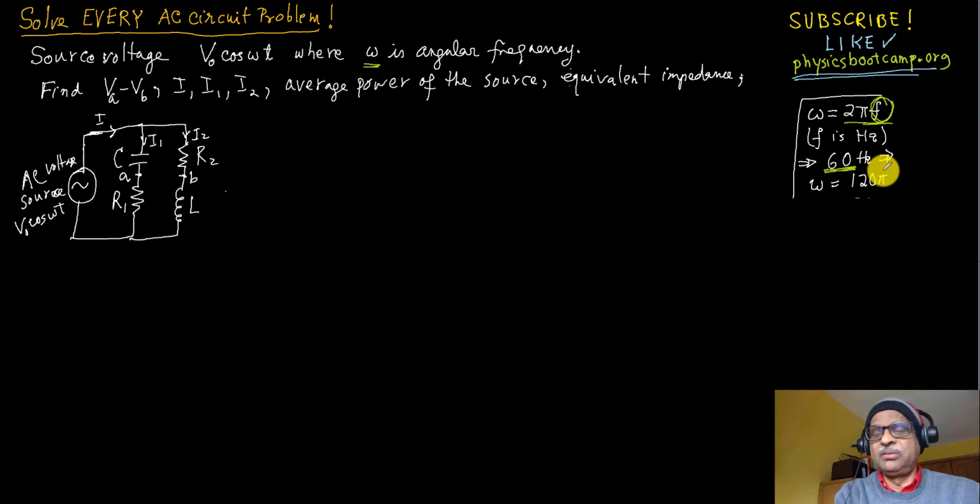I believe it may be 50 hertz some places, but here it is 60 hertz. Hertz is cycles per second, so this is oscillating 60 times per second, 60 cycles per second. So we'll call it 60 hertz. Hertz stands for cycles per second.